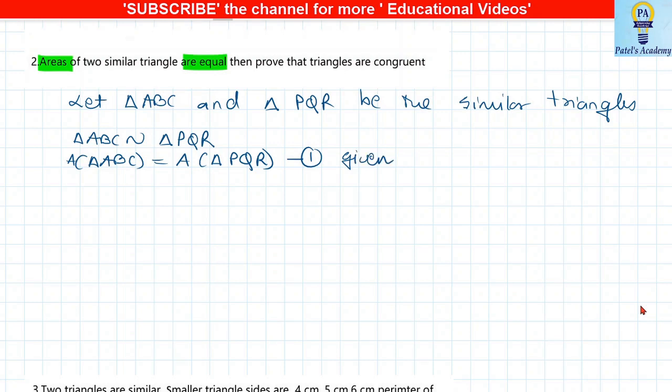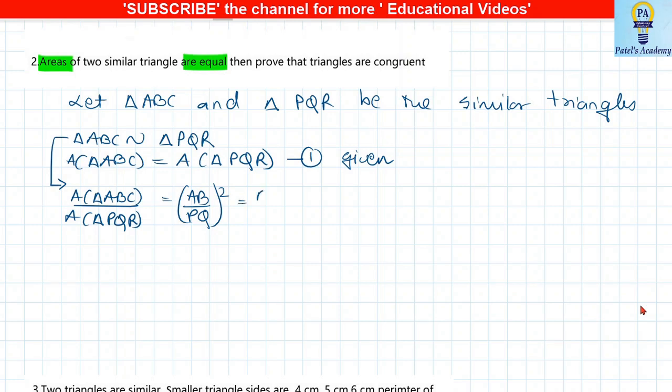Okay, now since the triangles are similar, we are going to use the property. What is that? Area of triangle ABC upon area of triangle PQR is equals to (AB upon PQ) whole square, right? Now I'm going to use this for the other two sides also.